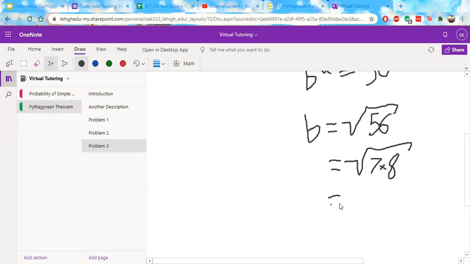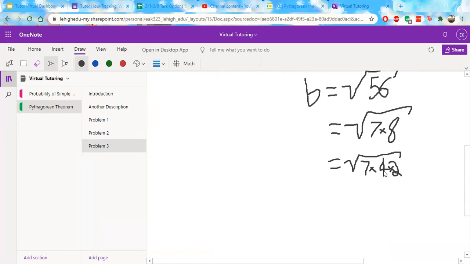All right, so we see the square root of 7 times, now 8 divided by 4 is 2. All right, and now we see that we have a 4. We do have a perfect square. So we take that out, and square root of 4 is 2 times, and then we still have the 7 and the 2. We can't simplify that anymore. So I'm just going to multiply those back together. You have square root of 14.